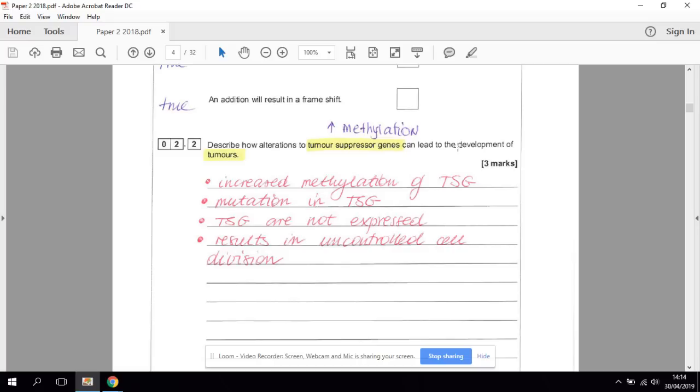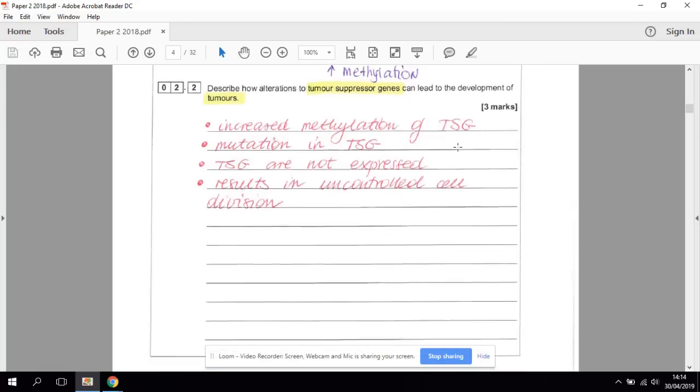Increased methylation is going to cause mutation in tumor suppressor genes, because the gene is not going to be expressed. The normal function of the tumor suppressor gene is to be expressed, because they are stopping cell division. So if they are not expressed, that will result in uncontrolled cell division.